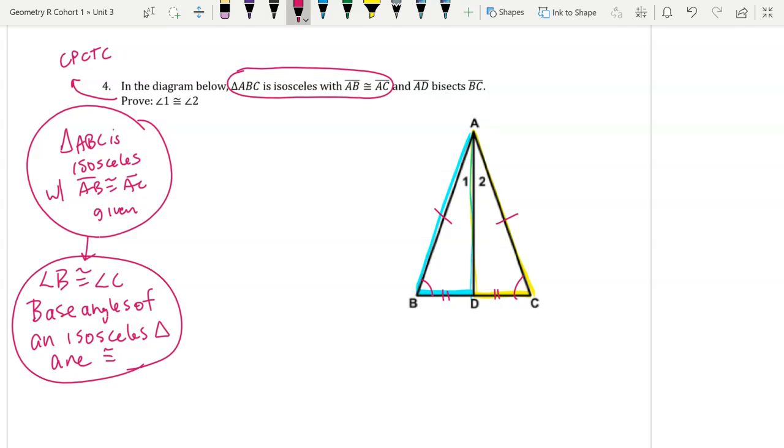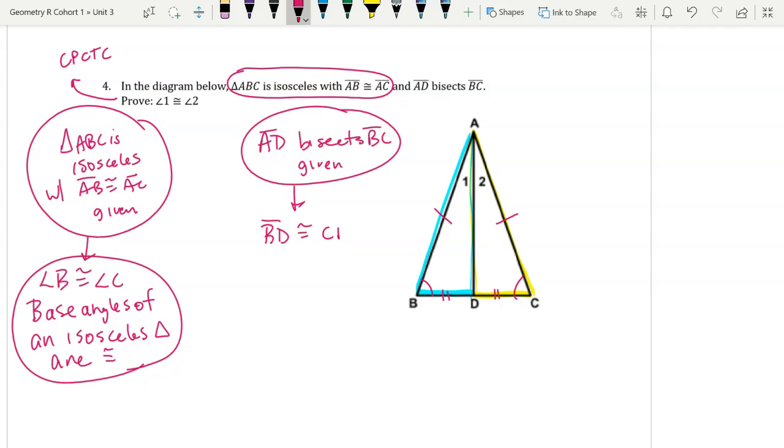All right. It also tells us that AD bisects BC, that's given. And that told us that BD was congruent to CD because a bisector divides a segment into two congruent segments.